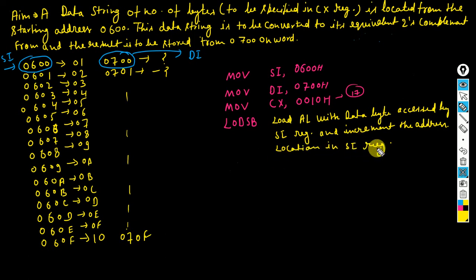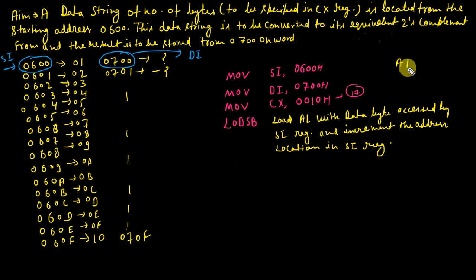Suppose 0600 holds the data 01. When we execute LODSB, the content of 0600 is moved to our AL register.